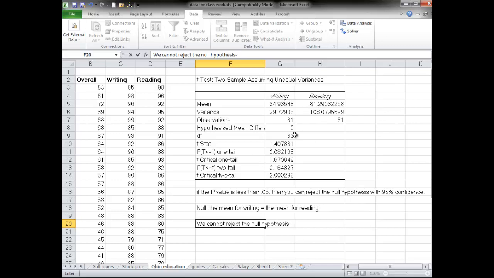Here's the most important thing again: although, just looking at the averages, the average of writing is greater than the average of reading, we cannot statistically conclude with any confidence that there is actually a significant difference between the two groups.